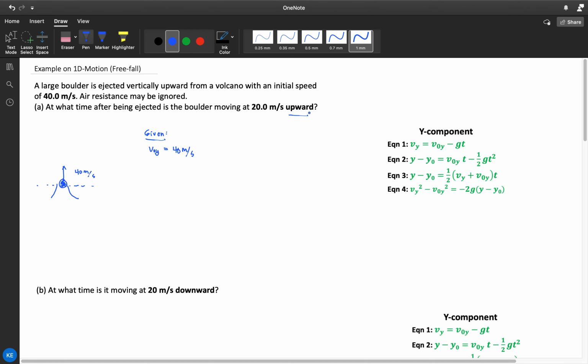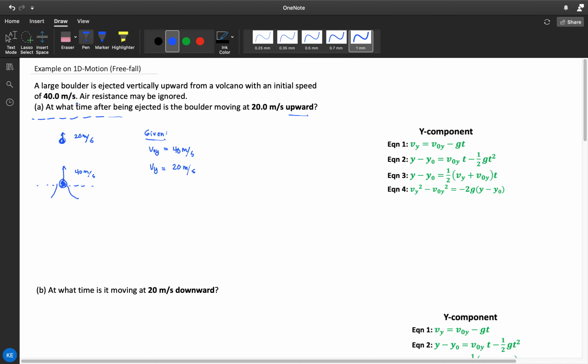So, upward, so pasabot kay wala pa siya nakaabot ang boulder to maximum height. Okay, it might be na diri nga point. And it's moving 20 meters per second. So this time, its final velocity is given by 20 meters per second.